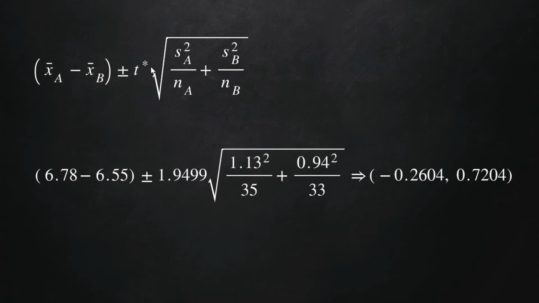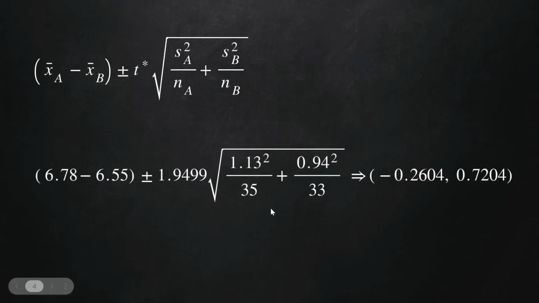This first value up front here, 1.9499, is our critical t-star value that we found using the t-distribution. We then have the standard deviation of race times for A, the sample for A squared, divided by the sample size, plus the square of the standard deviation for race times for course B, divided by the sample size for course B. Doing all that math, we get this lovely interval here, negative 0.2604 to 0.7204.